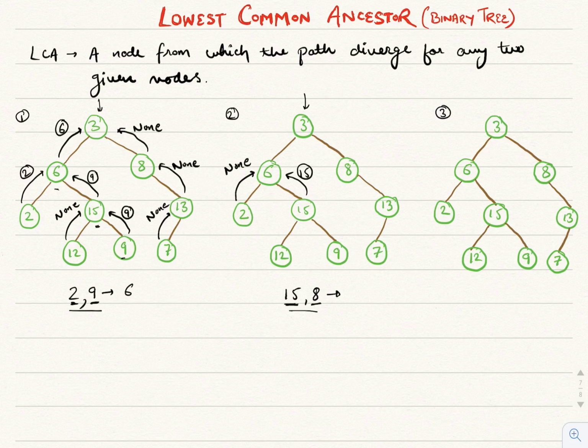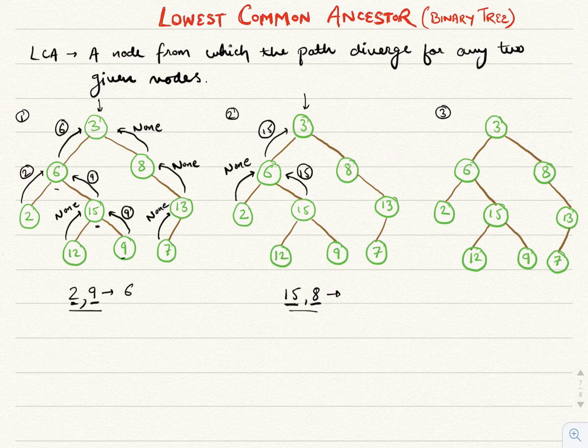So what 6 will do is it'll return the 15 to its parent. Now 3 won't know whether it's the LCA or not, because we still have the right side of 3 to explore. So we'll go to the right side of 3, we'll reach 8, which is equal to one of the values.